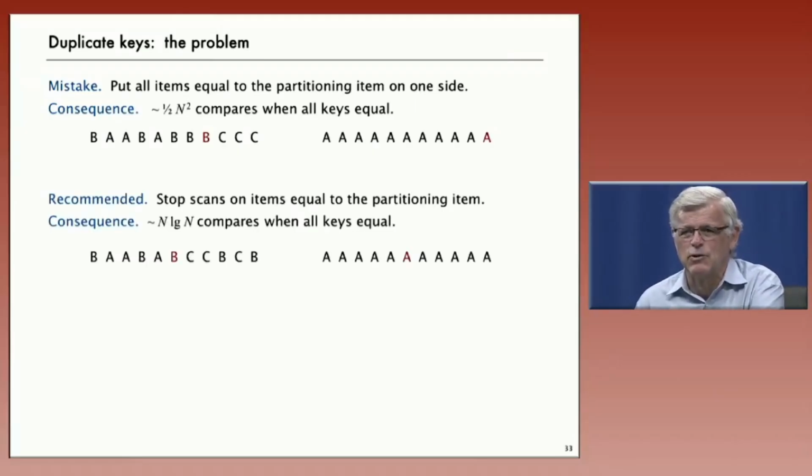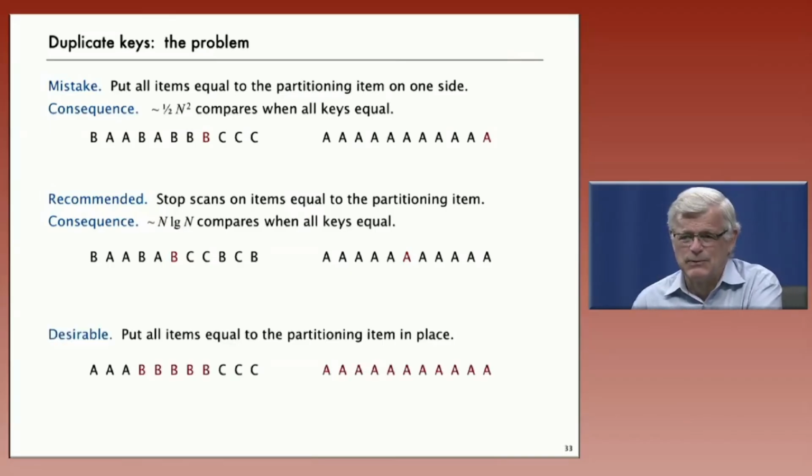The result is a quadratic time algorithm. In our implementation, we stop the partitioning scans on items equal to the partitioning item. Then when all the keys are equal, it divides exactly in the middle, and you get n log n compares.